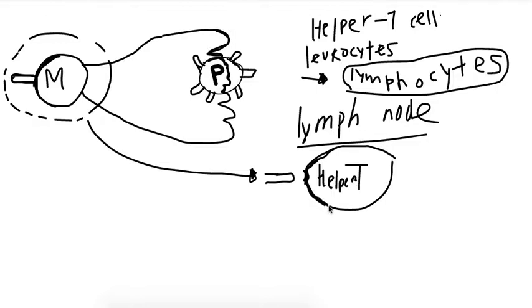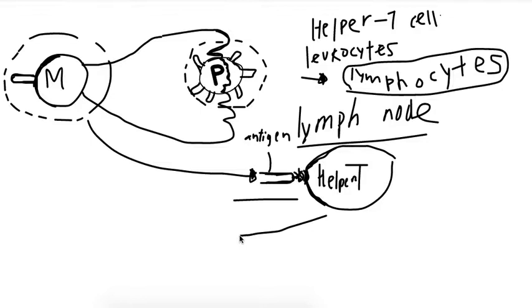And since it's non-specific, it's actually able to bind to this antigen that came from the cell membrane or the plasma membrane of this pathogen. It will bind to this antigen, and it will then send a signal to two other cells.